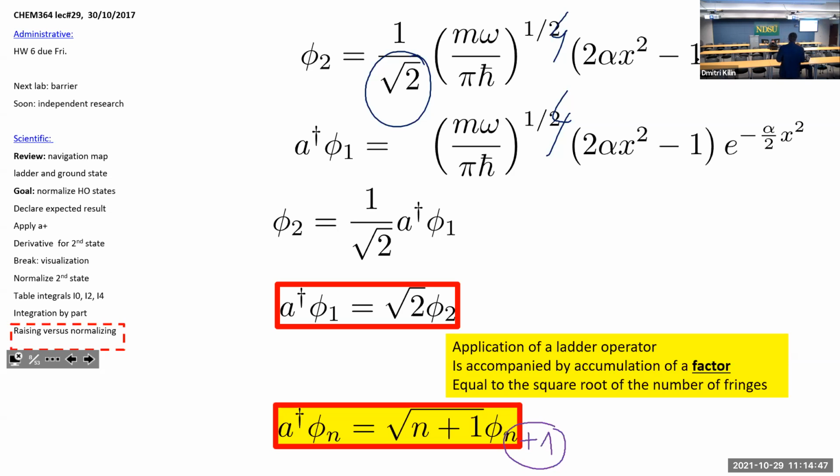And then we decided to believe that this trend will continue. We just left the proof that by applying a creation operator to state number n, we will get state number n plus 1, but in addition, in comparison to the normalized state n plus 1, we will get a factor square root of n plus 1.